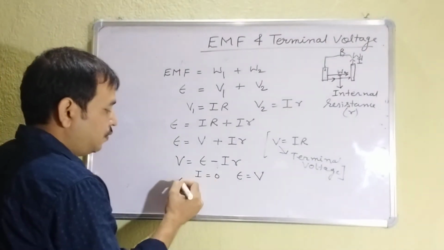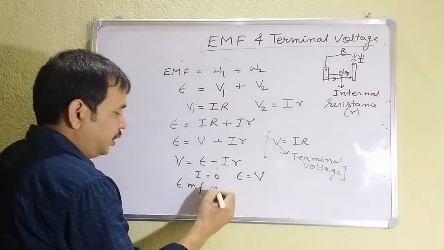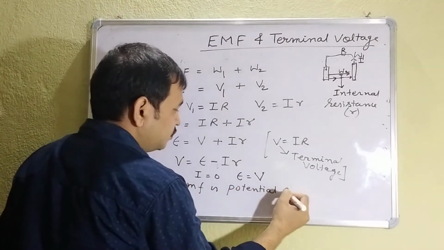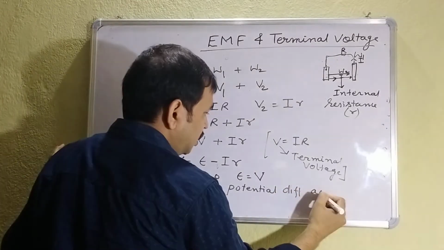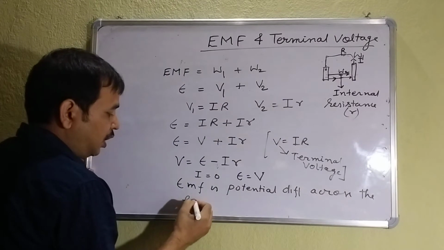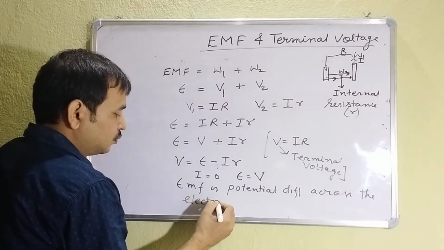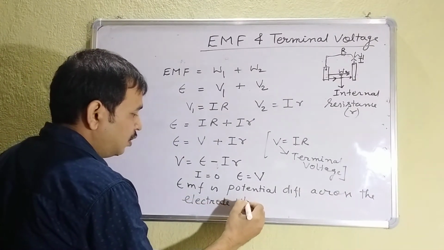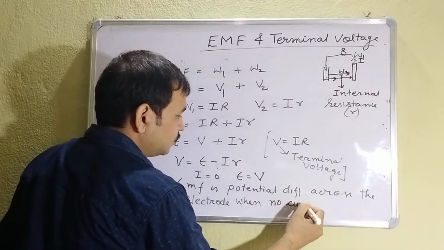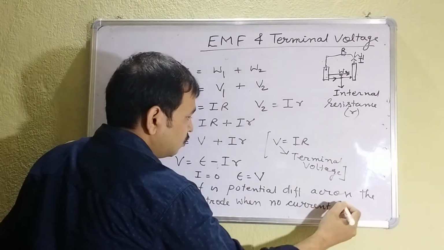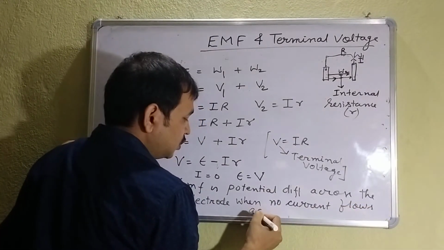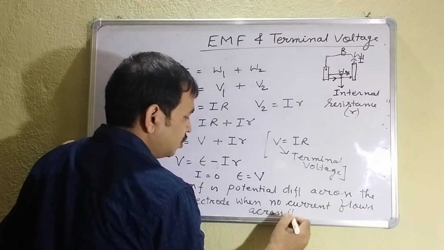Means EMF is potential difference across the electrode when no current flows across it.